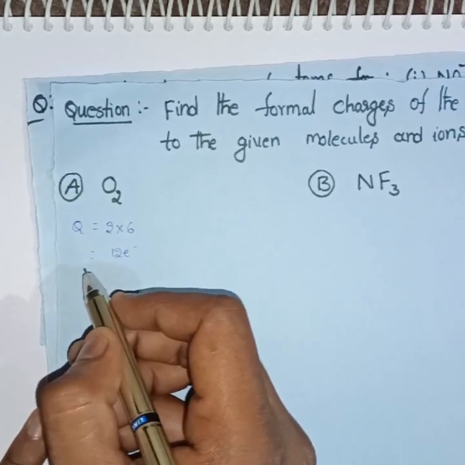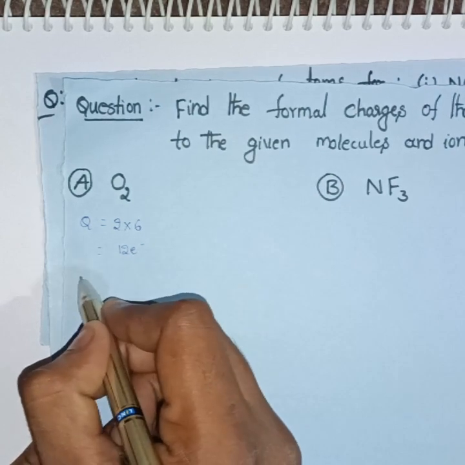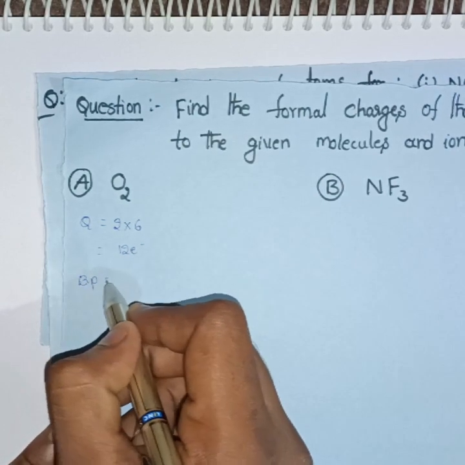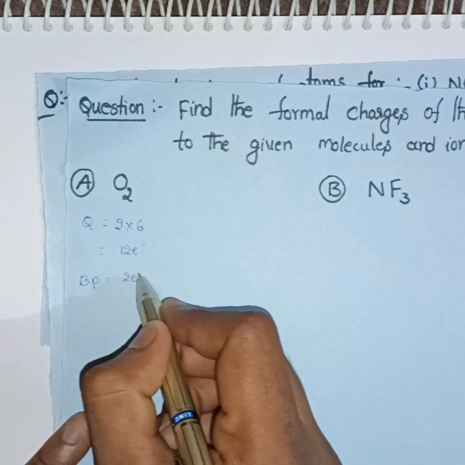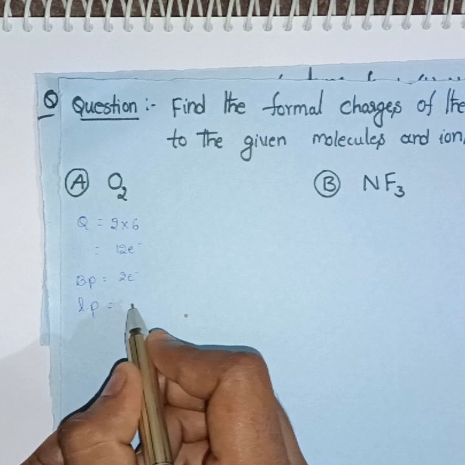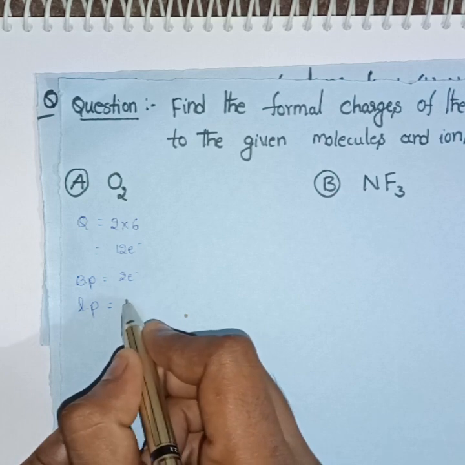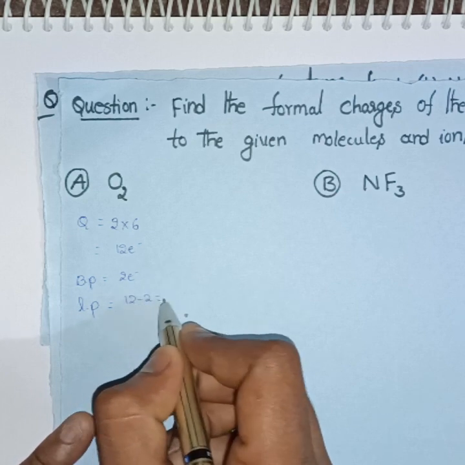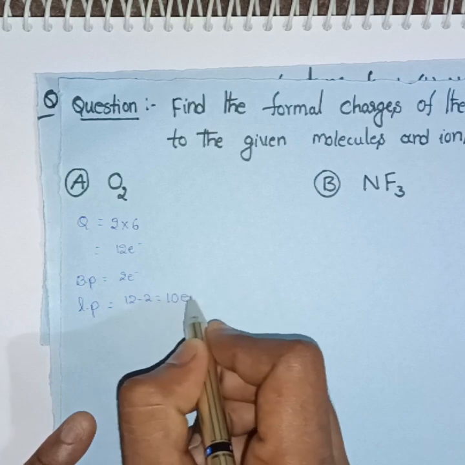Here bond pair electrons are 2 electrons, lone pair electrons are 12 minus 2, which is equal to 10 electrons.